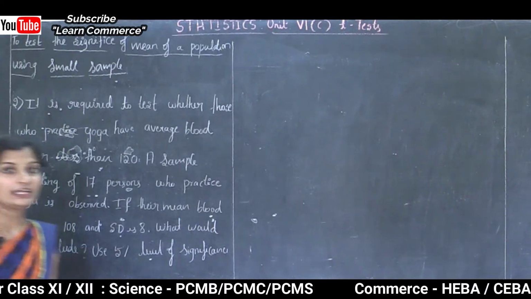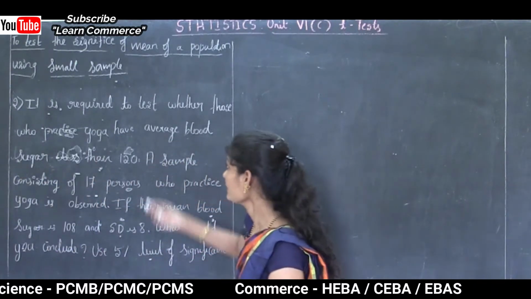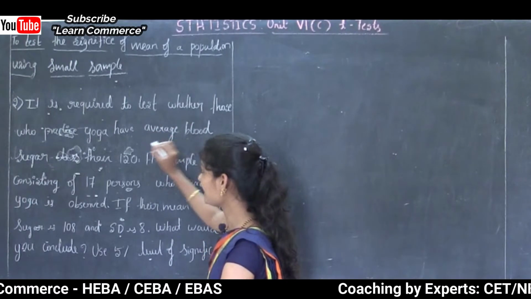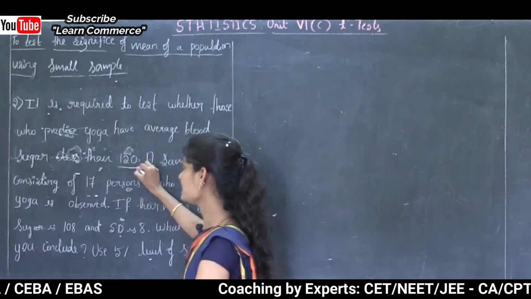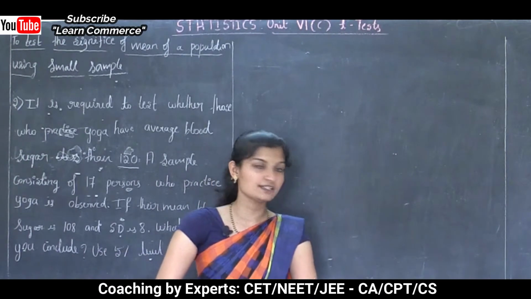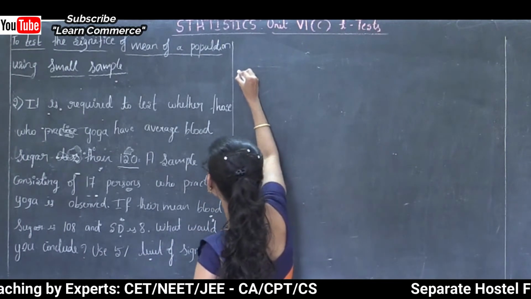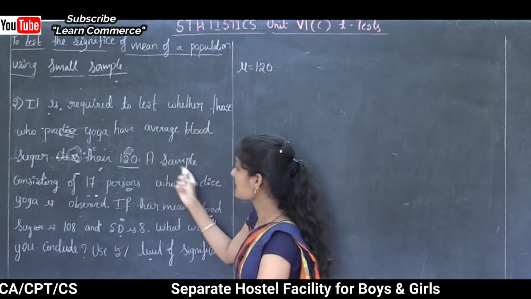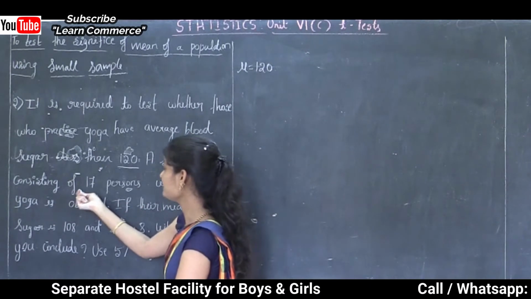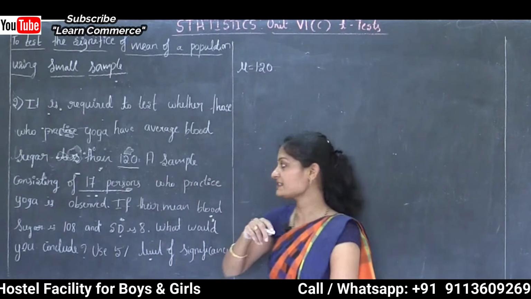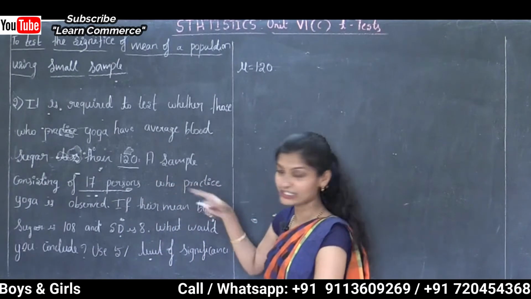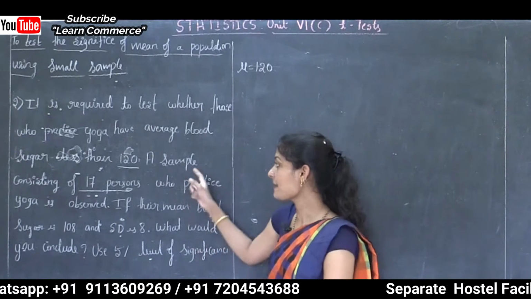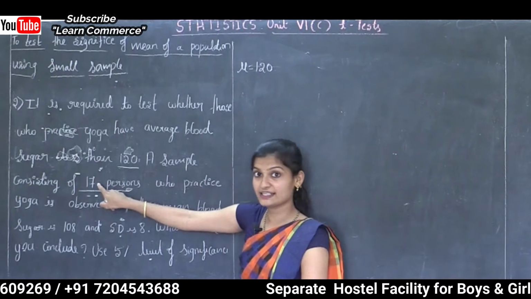In this problem, it is required to test whether those who practice yoga have blood sugar less than 120. Here mu is given, that is 120. Next, a sample consisting of 17 persons, that is the number of persons.